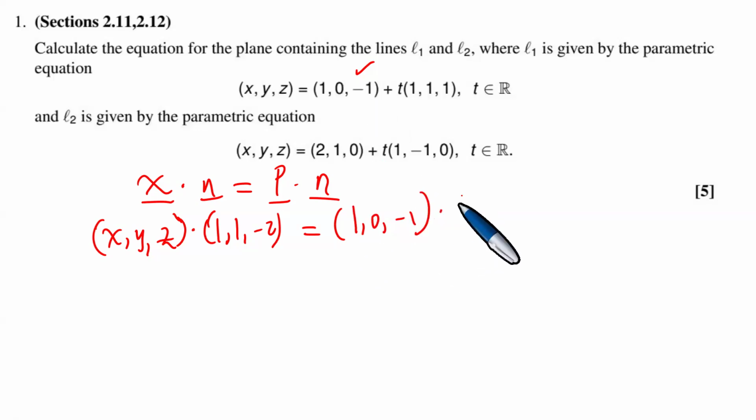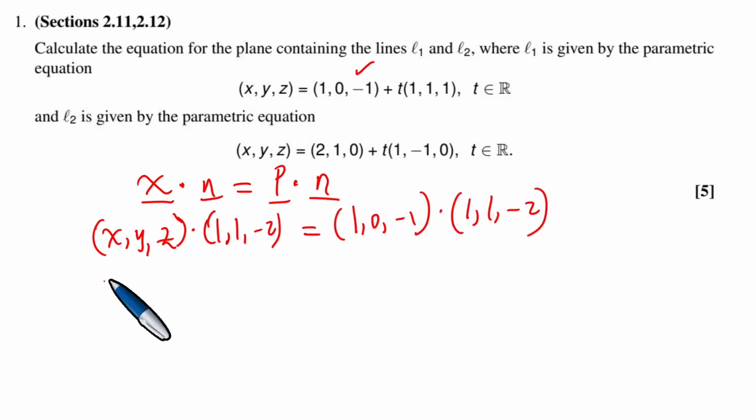And then now we find the dot product of the vectors. We put the normal, which is always the same, 1, 1, minus 2. So that's what we plug in here. How does the dot product work? We do component-wise multiplication.